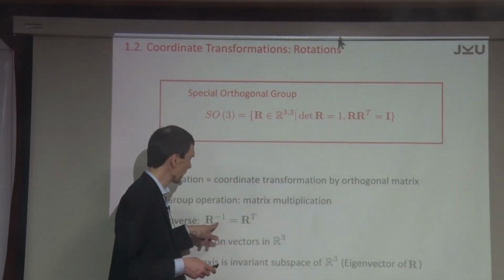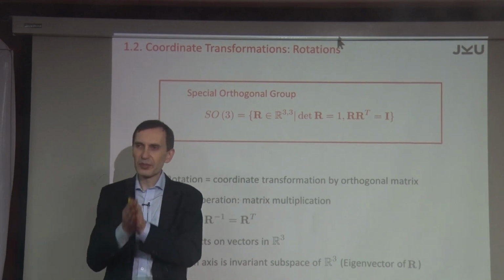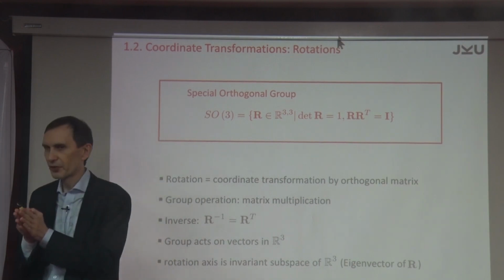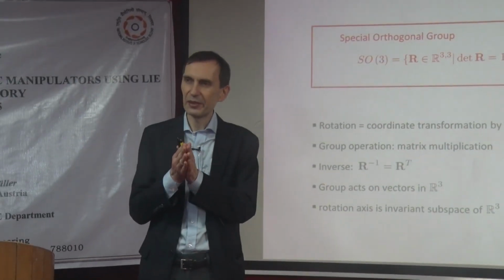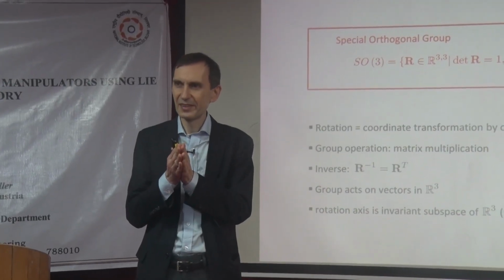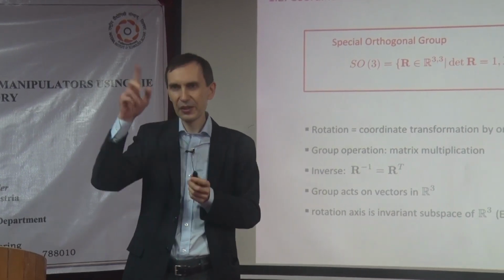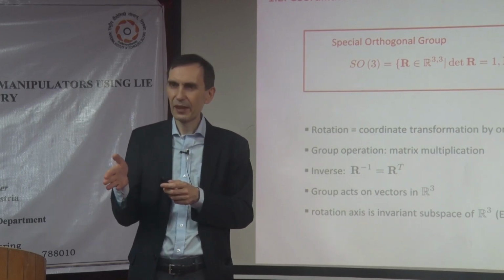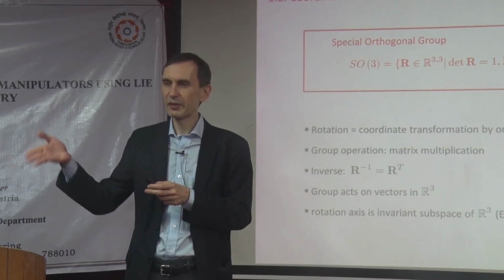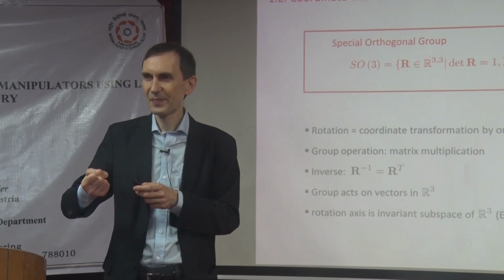Which vector, when you multiply the rotation matrix, stays invariant? There's a unique vector, up to a scalar, that stays invariant. So you take any rotation matrix and multiply it with the vector x, and what comes out is the vector x. Which vector is it?